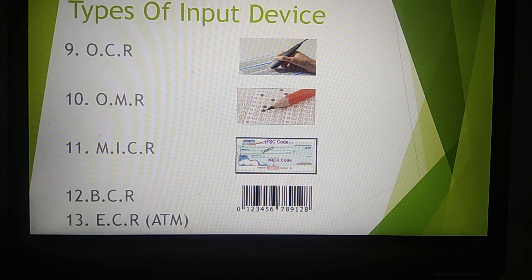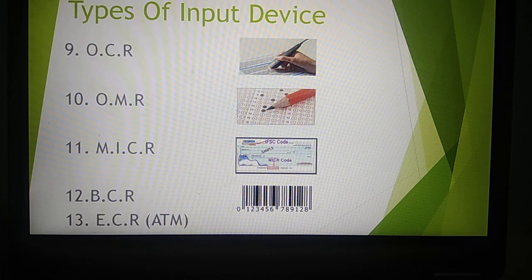You will see it when you fill in your roll number in the 10th board examination, where you fill in the marks and fill up your circle. When you fill up this circle, the OMR machine recognizes the circle, takes the data into the machine, and stores your data from the OMR sheet. Is it clear what is the use of OMR?